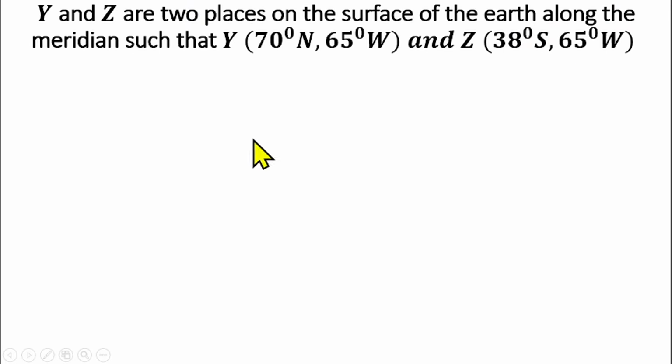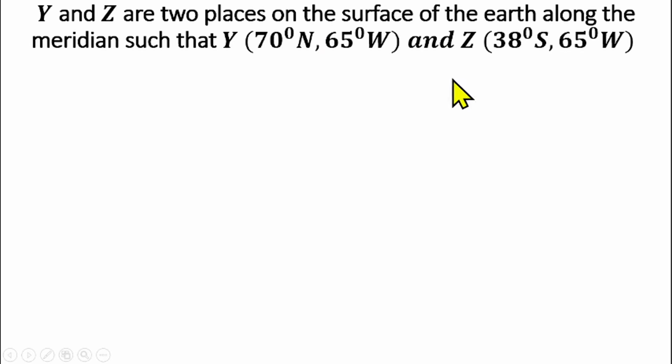They are both on the same longitude, which is 65 degrees west. So that means we are going to calculate the distance between point Y and Z along the great circle. Before we do that, we need to get the angular distance between them, because we need the angular distance to find the distance between any 2 points. So, from what you have done before, can you tell me the angular distance between points Y and Z?